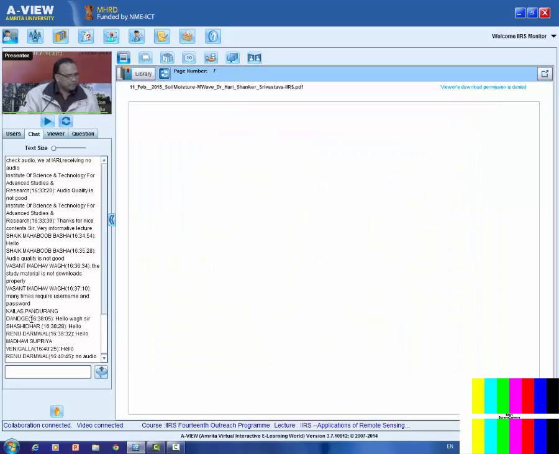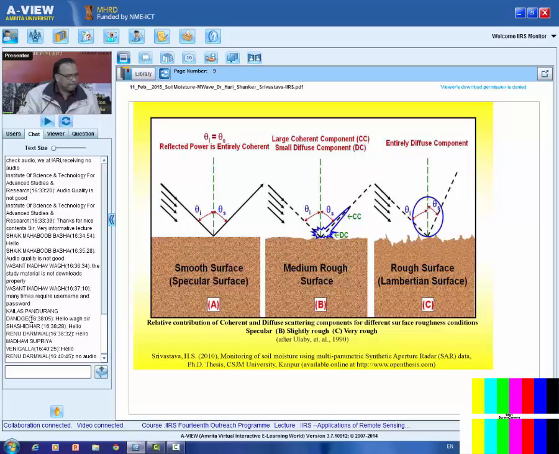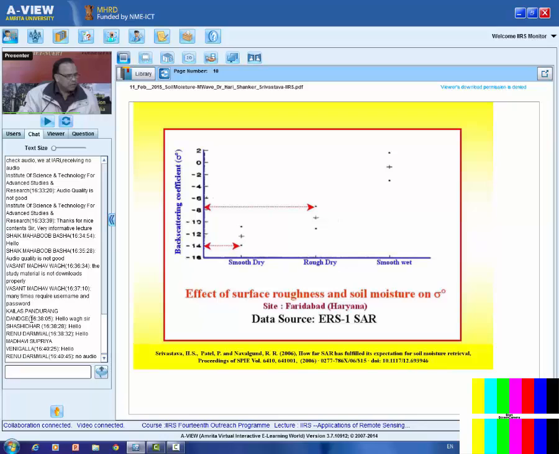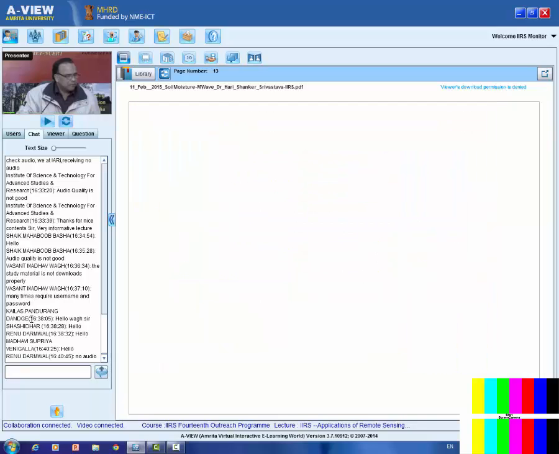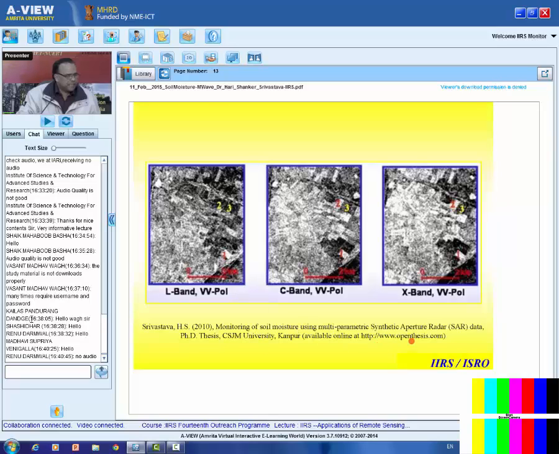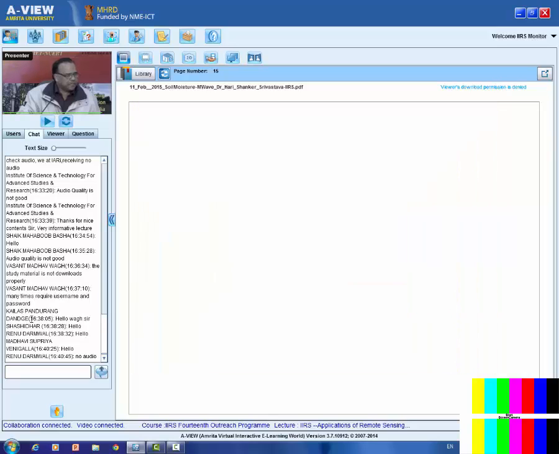Similarly, see, this I have taken from my PhD thesis. This is also available at openthesis.com. This slide has also been taken from my PhD thesis.